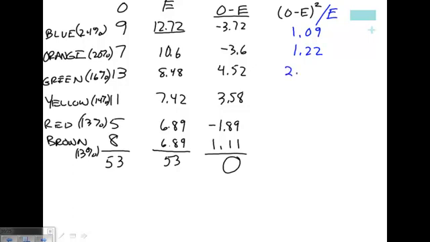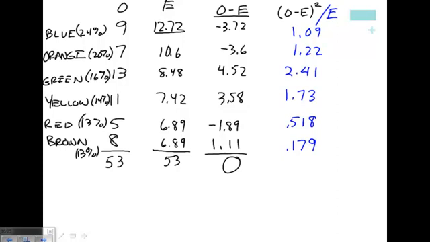And I get 2.41. 3.58 squared divided by 7.42. 1.73. 1.89 squared divided by 6.98. 0.518. 1.11 squared divided by 6.89. 0.179. Now these numbers vary.